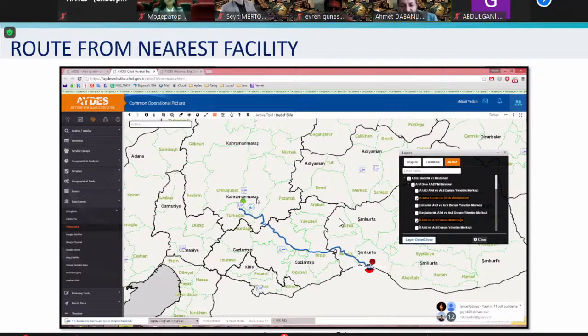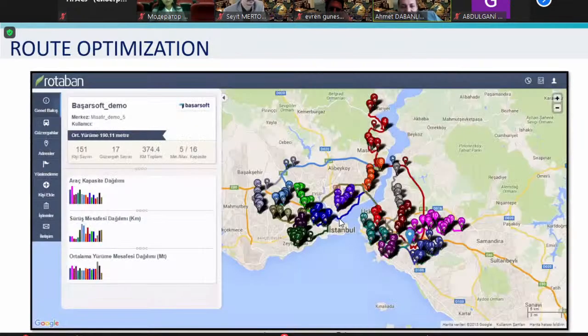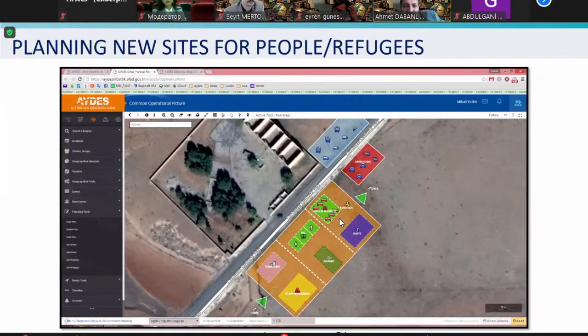So you have to find the nearest facilities, and live traffic information is calculated, and the routing and optimization are done based on this information. For example, in the affected area, you have to go with many people, many teams. So how you will collect the people and how you will distribute them needs route optimization during and after the disaster.